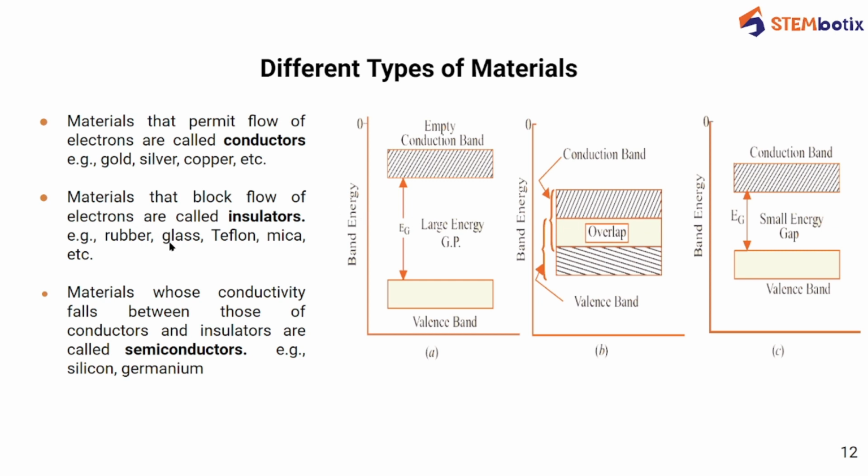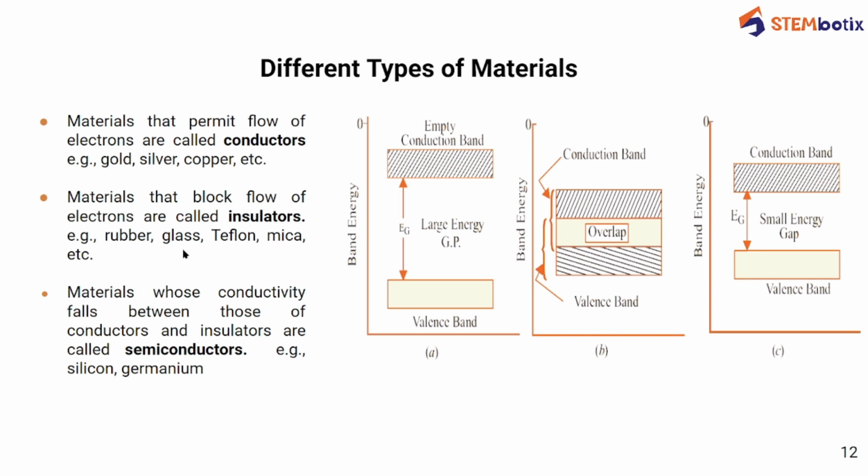Now the materials that block the flow of electrons are called insulators. So insulators are the materials which block the flow of current or which do not allow the current to flow through them. So these are the rubbers, glasses, Teflon and mica.